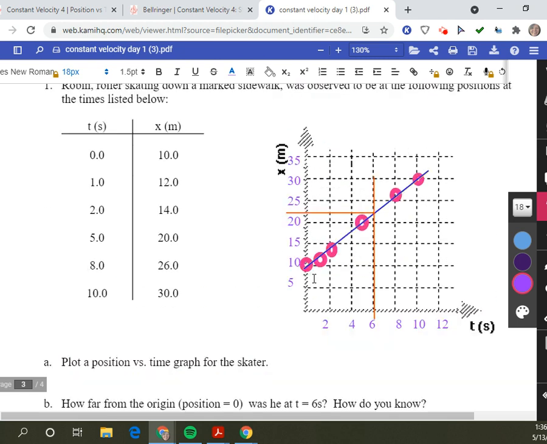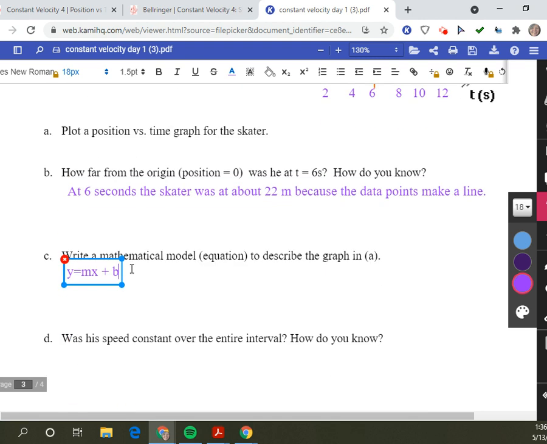So we know that this line very conveniently intercepts the y-axis at 10, because we have a point that says at time 0, y is 10. So we can say y equals mx plus 10. Okay? So we need to find that m.